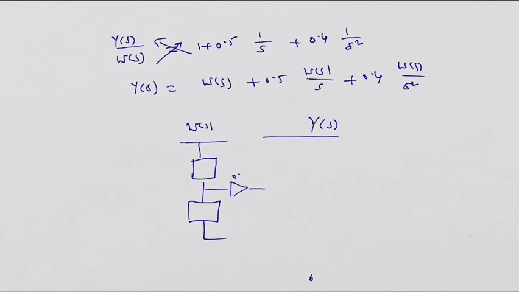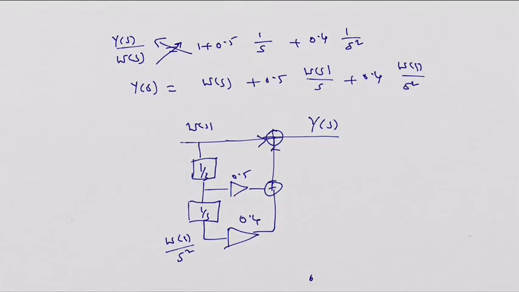And W(s) by s squared could be obtained at this point simply because consecutively it is passed through 1/s modules two times, and it is to be multiplied by 0.4. If you add all those factors, you can find that this produces Y(s) along with the W(s), correct? This is also required. So in this way they are multiplied and added. So this is for this part.